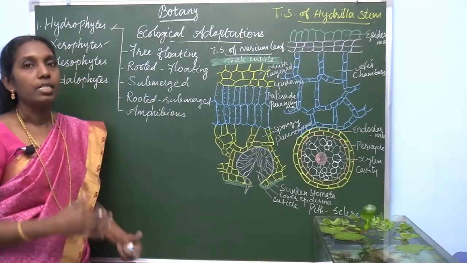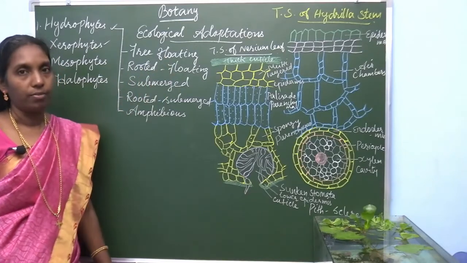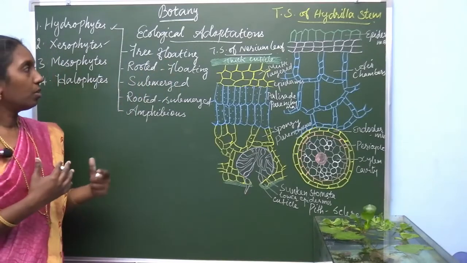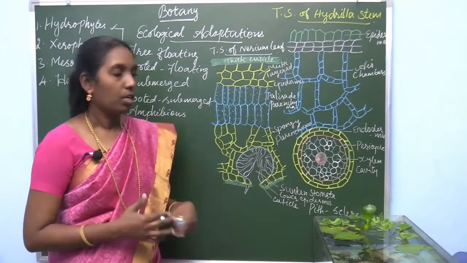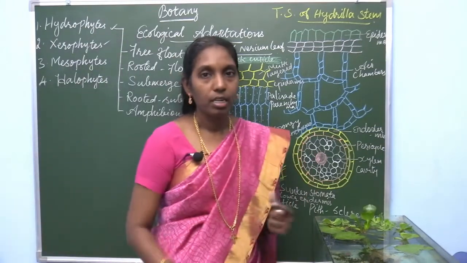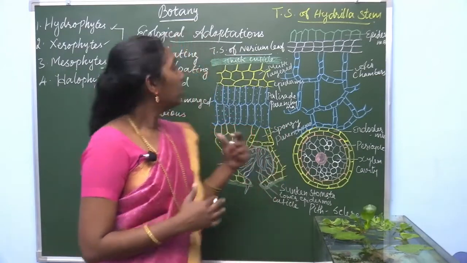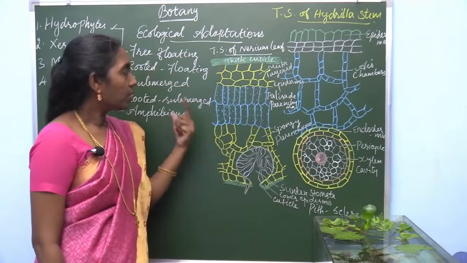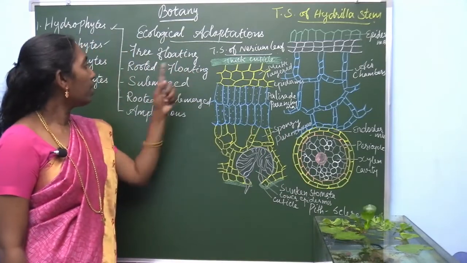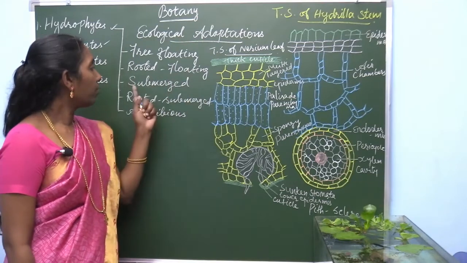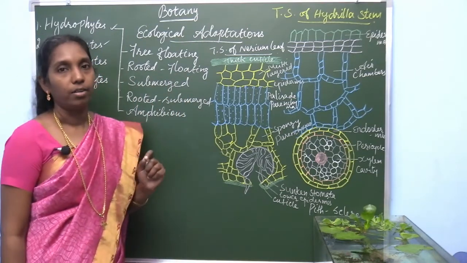Hydrophytes and its adaptations. Free floating hydrophytes. When you look into the aquatic ecosystem, here you can see a small aquatic ecosystem in the form of an aquarium. Here there are different types of hydrophytes: free floating hydrophytes, rooted floating hydrophytes, submerged hydrophytes, rooted submerged, as well as amphibious hydrophytes.